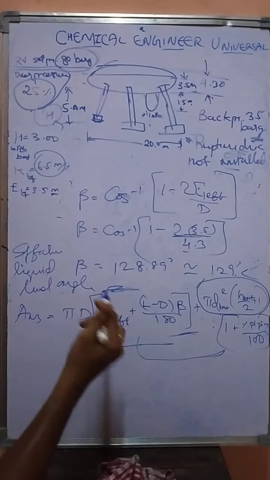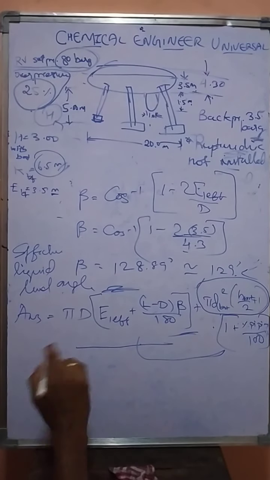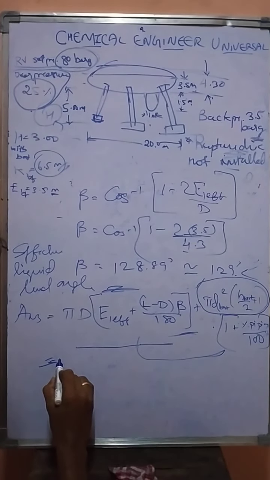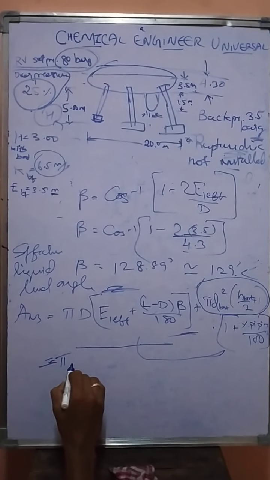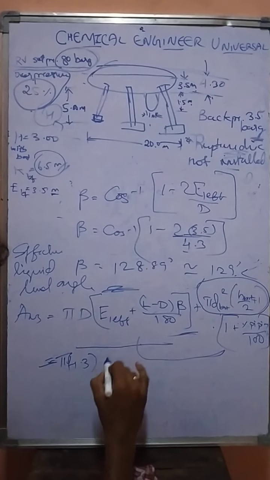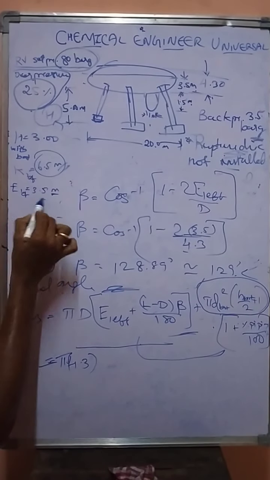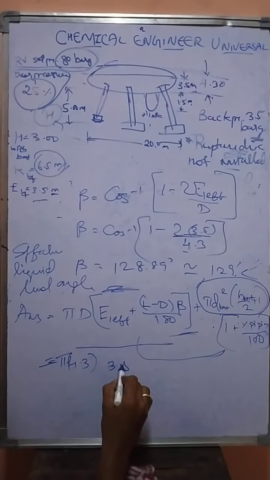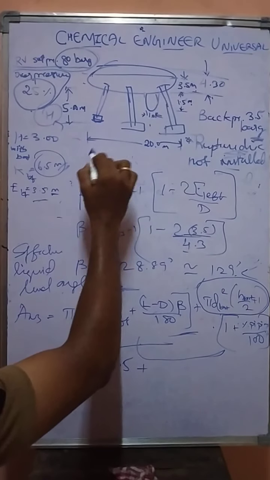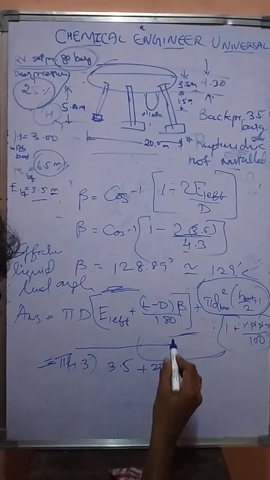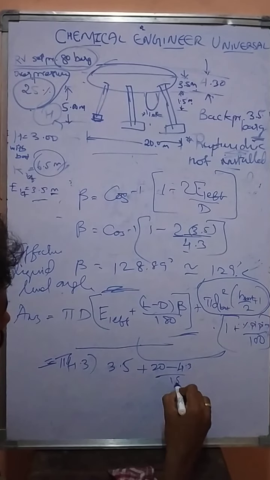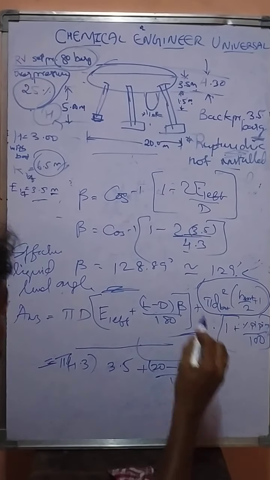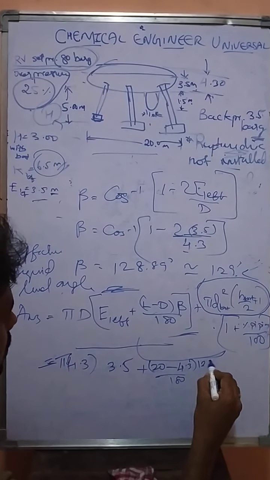Now we apply the values. You know pi value 3.14, dia of the boot about 4.6 meters, E1 effective you got 3.5 meter, plus L, you know the length, 20 meters, minus dia 4.3, divided by 180 and multiplied with the liquid level angle. We found out 129.